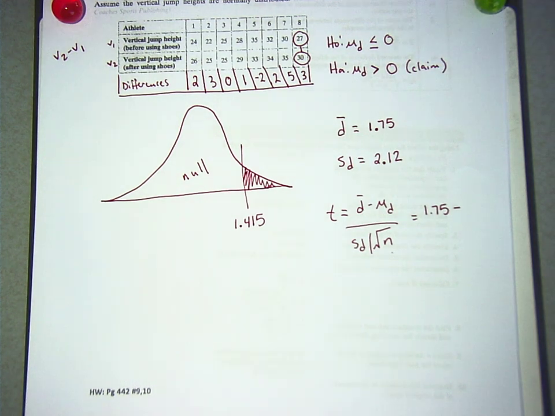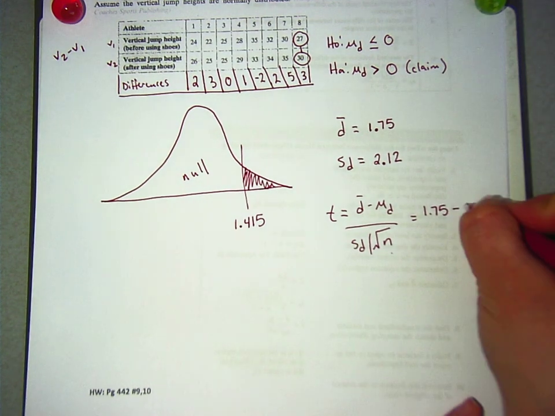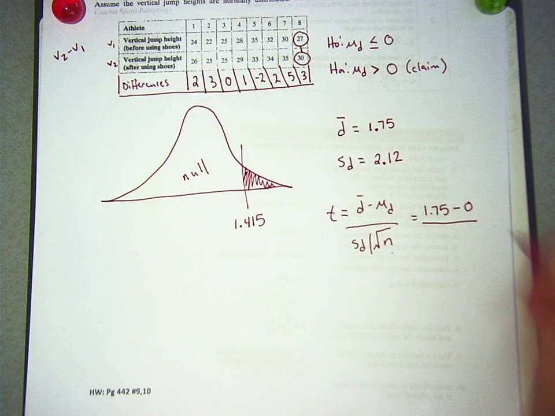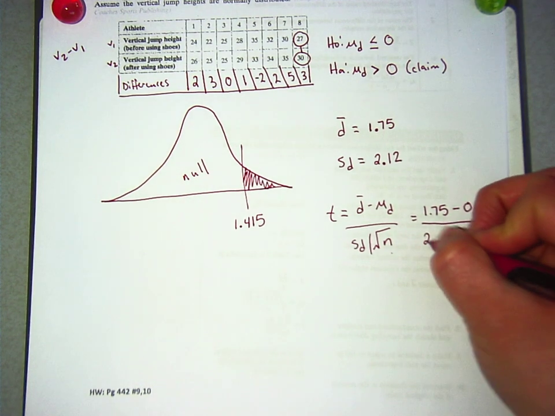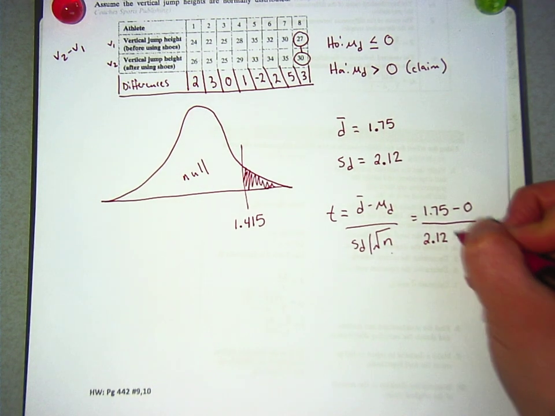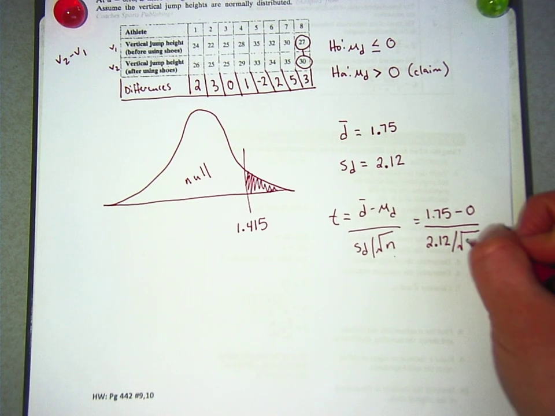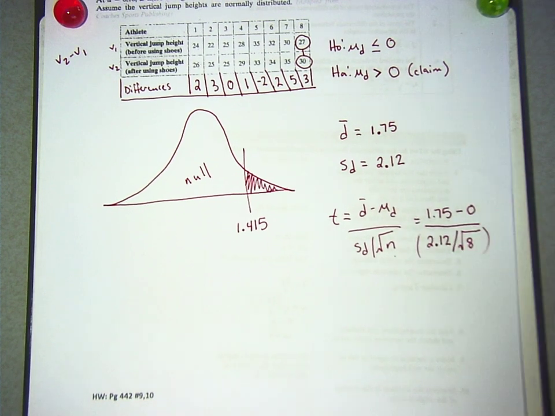Minus 0, because that's a control group, and we're assuming that the control group, nothing happened to them. They had the exact same vertical height before and afterwards. 2.12 divided by the square root of 8. Put that in your calculator.